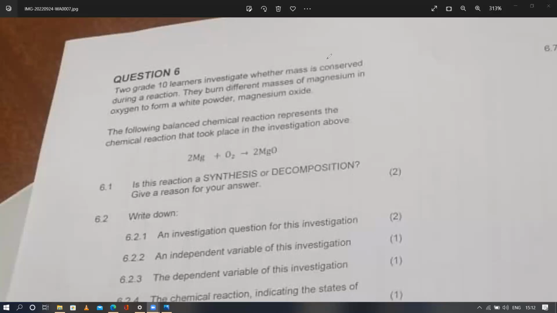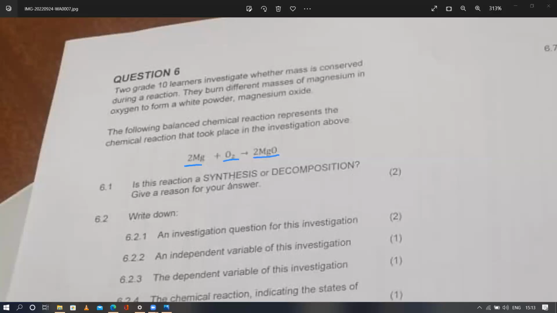The following balanced chemical reaction represents the chemical reaction that took place. So if you look at your chemical reaction, it's 2 Mg plus O2, and it gives you 2 MgO. They say, is this reaction a synthetic or decomposition reaction?